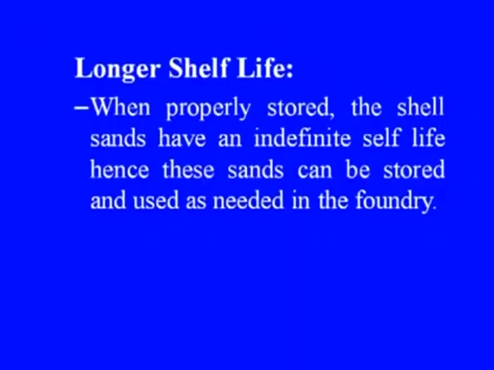The cell molding process accommodates easily deep drawer patterns with less tapers than conventional production processes. Another advantage is longer shelf life. When properly stored, the cell sands have an indefinite shelf life. Hence, these sands can be stored and used as needed in the foundry.